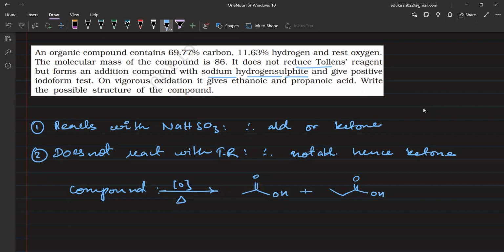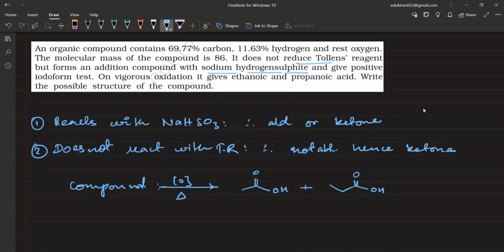So basically speaking, my ketone also gives a positive iodoform test. So बहुत ही बढ़िया हो गया, है ना? Also gives what? Positive iodoform test. That means we have an entity like this, C double bond O CH3.